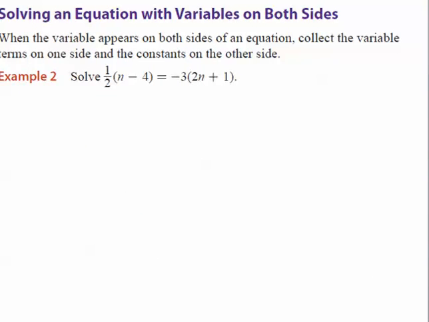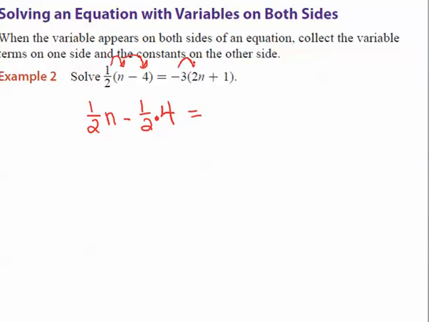Oh, but what happens if we have variables on both sides? Well, we need to simplify first. Okay? So we're going to take our distributive property, and everybody's going to get the one side. So we wind up getting 1/2 n minus 1/2 times 4.